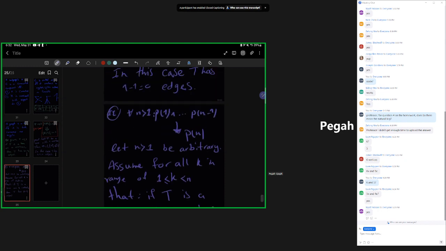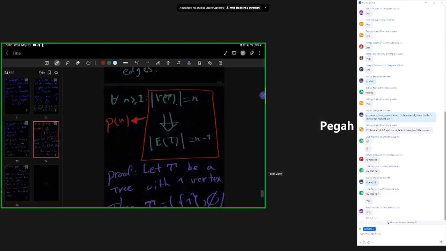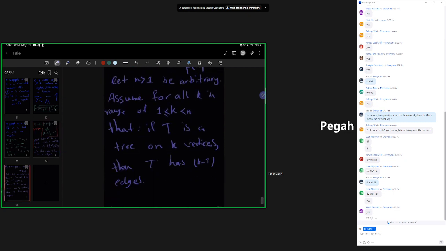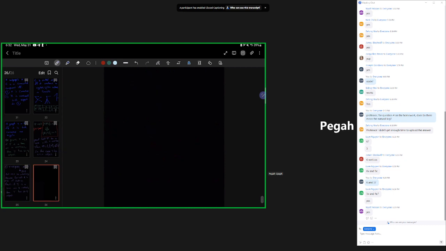That's our assumption: if the number of vertices is k, the number of edges is k minus 1.